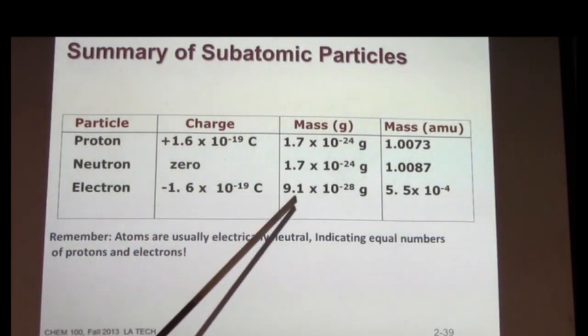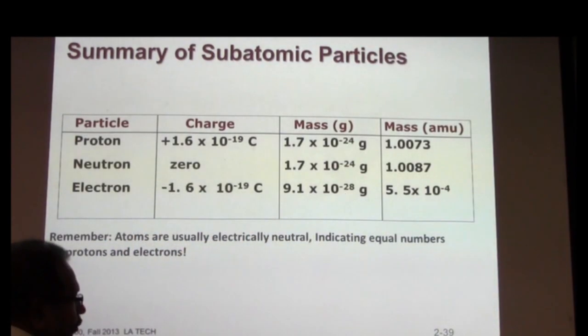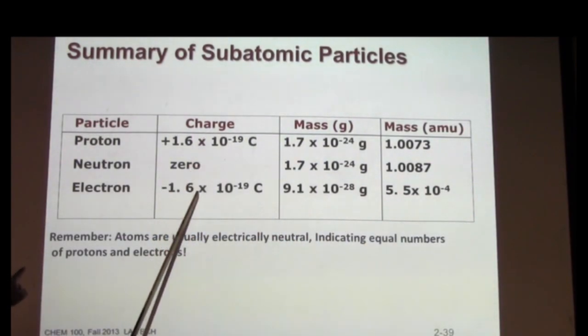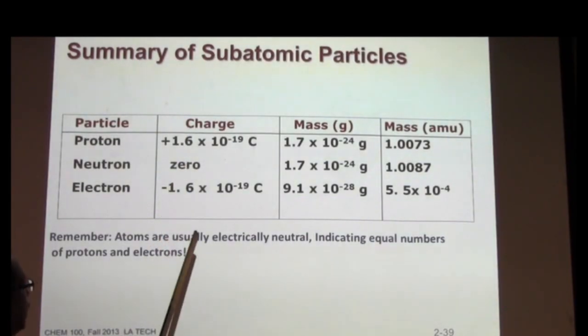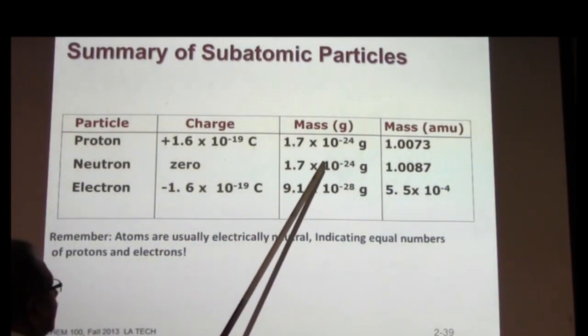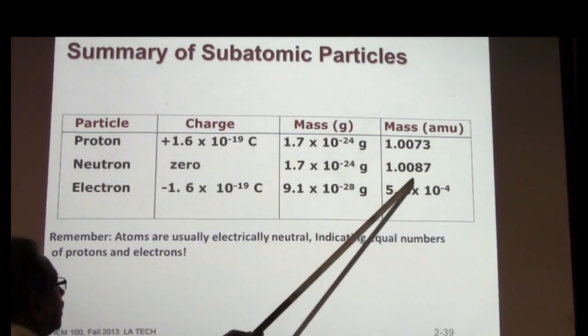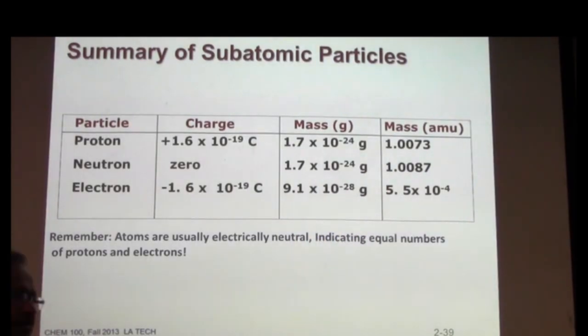The electron mass is 9.1 times 10 to the negative 28, which we calculated very closely. The charge is 1.6; the charge on the electron and the proton are the same. The neutron has no charge. If you look at the neutron and proton, the neutron is slightly heavier than the proton. Why is that?